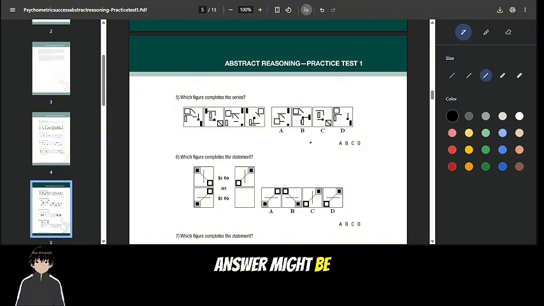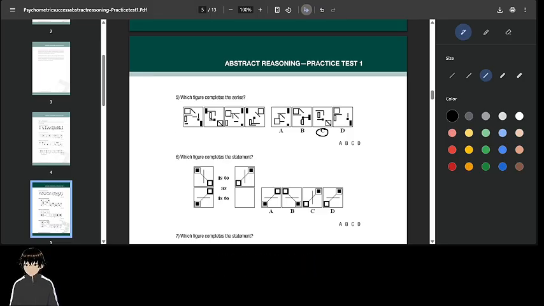I think the answer might be C, because if I'm looking at the patterns, I think my basis on that would be these little blocks here, like a wave, sort of, almost.